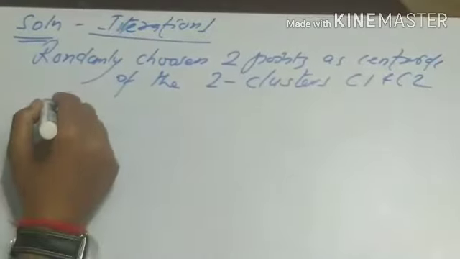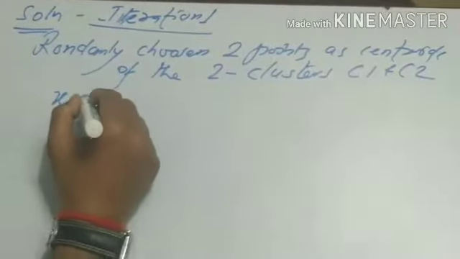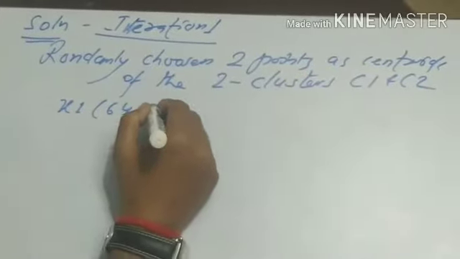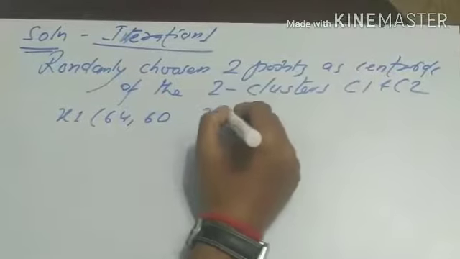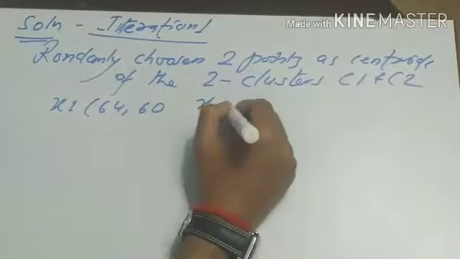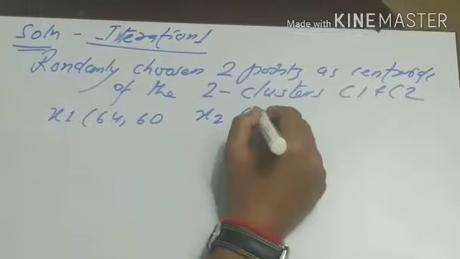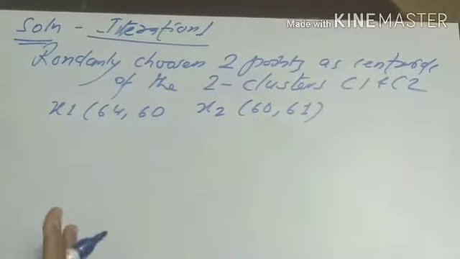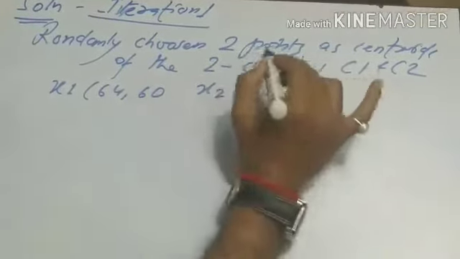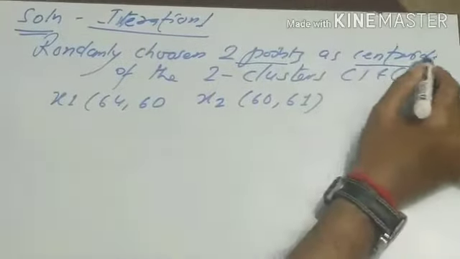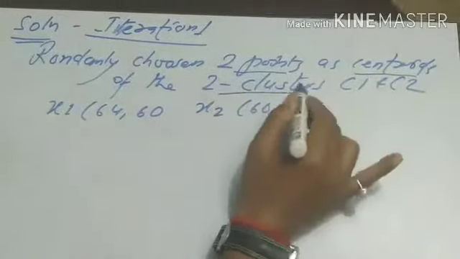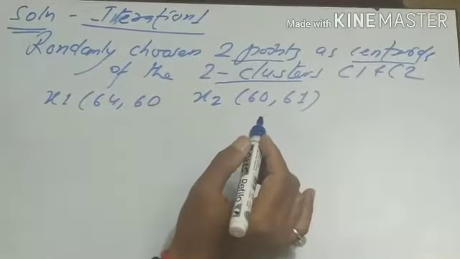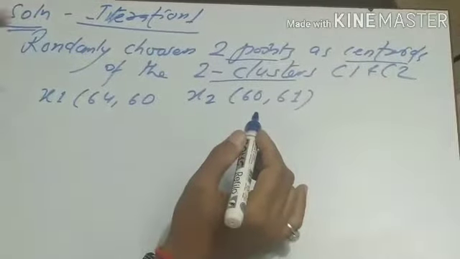Let these points be x1, with height 64 and weight 60, and the second point x2, with height 60 and weight 61. So we start the algorithm by randomly choosing 2 points as centroids of the 2 clusters. Why do we choose 2 points? Because we divide the points into 2 clusters.